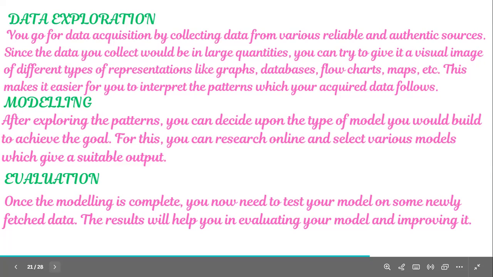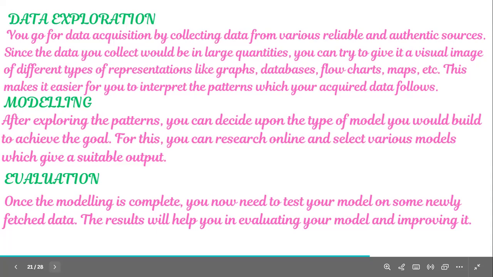You collect large quantities of data, you remove the unwanted data and keep the data which is necessary, you give a meaning to it, and you represent that data in the form of graphs by using different data visualization tools like graphs, databases, flowcharts. By using this, it will be very easy for the developer or the machine to understand the data.